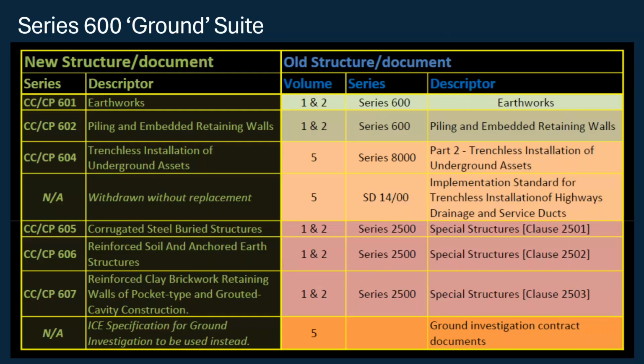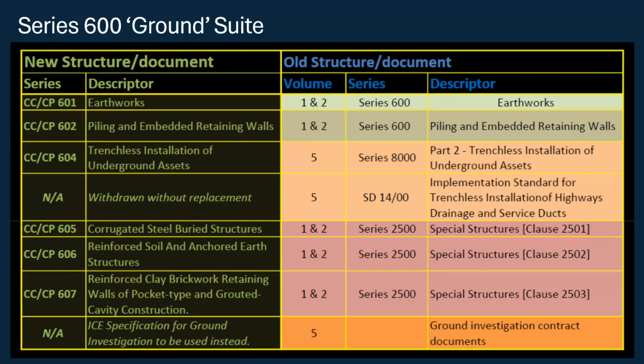Now, originally, Series 600 just applied to Earthworks, but the new series has been expanded into almost what I call a ground suite, and basically includes a series of other related areas, which are listed in the table here.